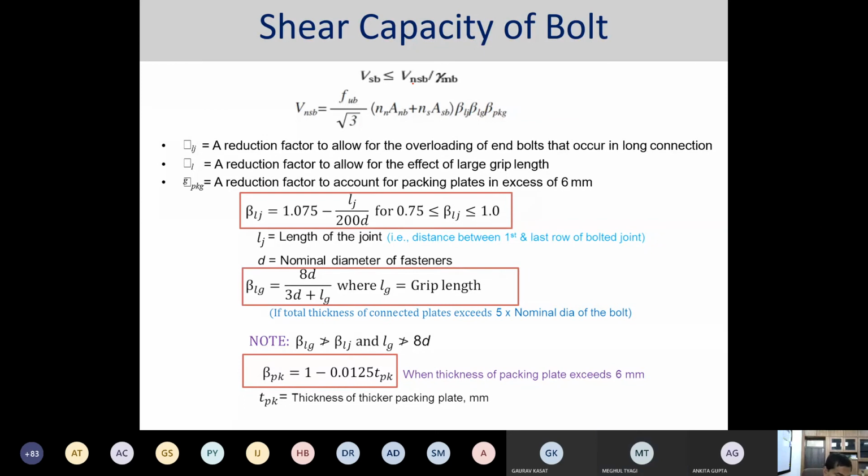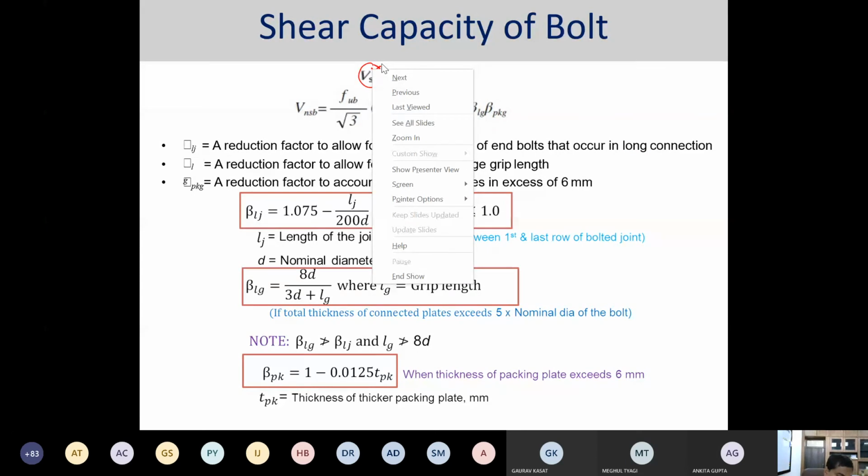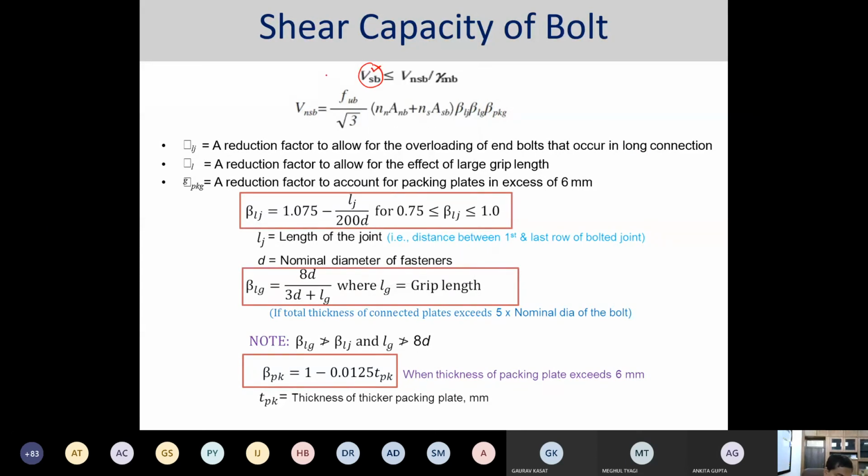In this particular thing, we are basically having the nominal shear capacity. We have the factored shear force, which is to be less than or equal to the nominal shear capacity of the bolt divided by the factor of safety.